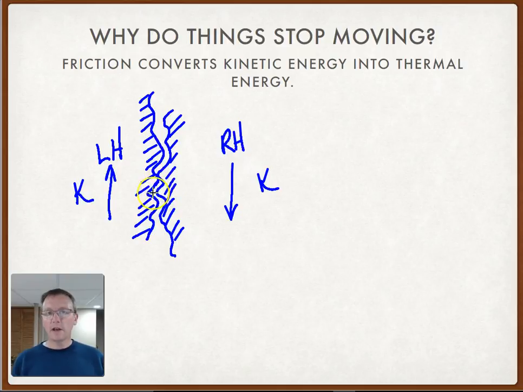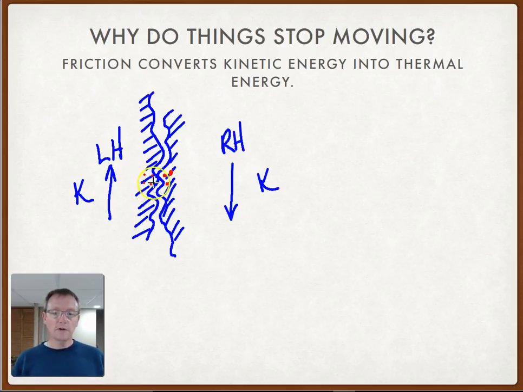And so some of the kinetic energy that you put into the system goes into breaking the connection between those two surfaces. As a result, the particles in this surface and the particles in this surface, because of the collision between the two surfaces, end up vibrating more and more often, or with a greater frequency is probably the best way to say it.